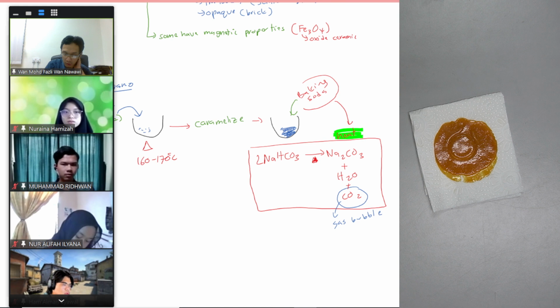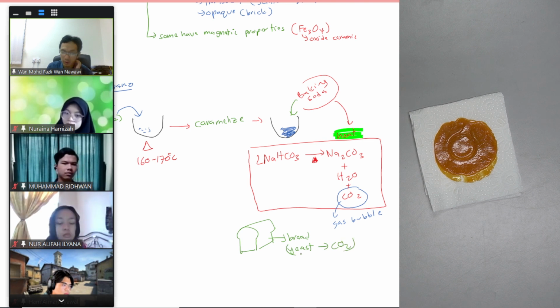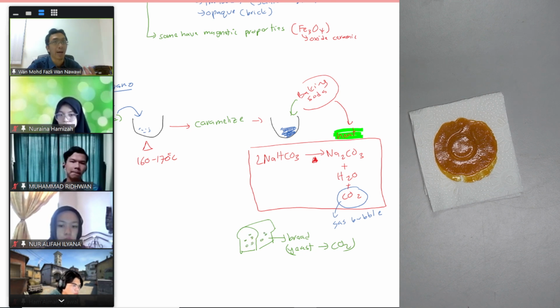If you want to make bread, the idea is also the same, but they use yeast to make carbon dioxide. Even with the naked eye, you can see holes in the bread, right? That is the carbon dioxide bubble trapped within the bread.